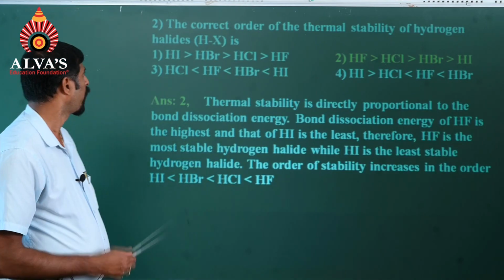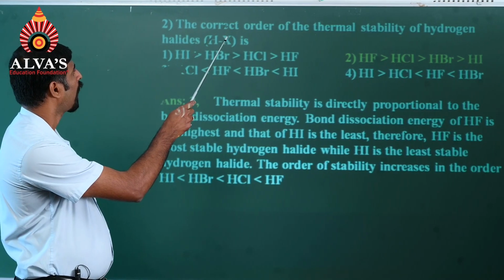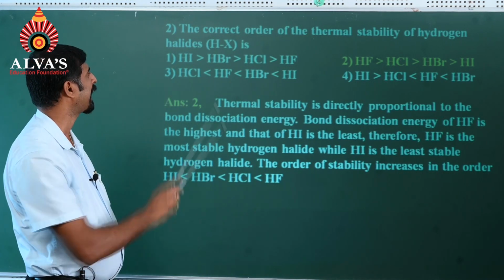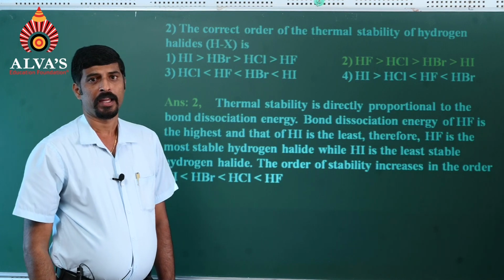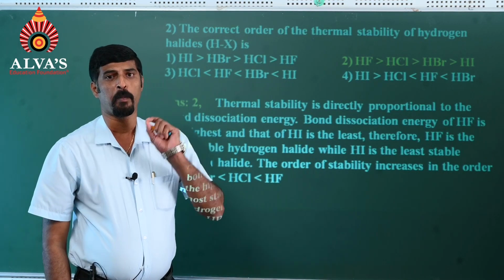Next, we'll move on to question number 2. The correct order of the thermal stability of hydrogen halides is. The thermal stability is mainly based on the strength of the H-X bond.